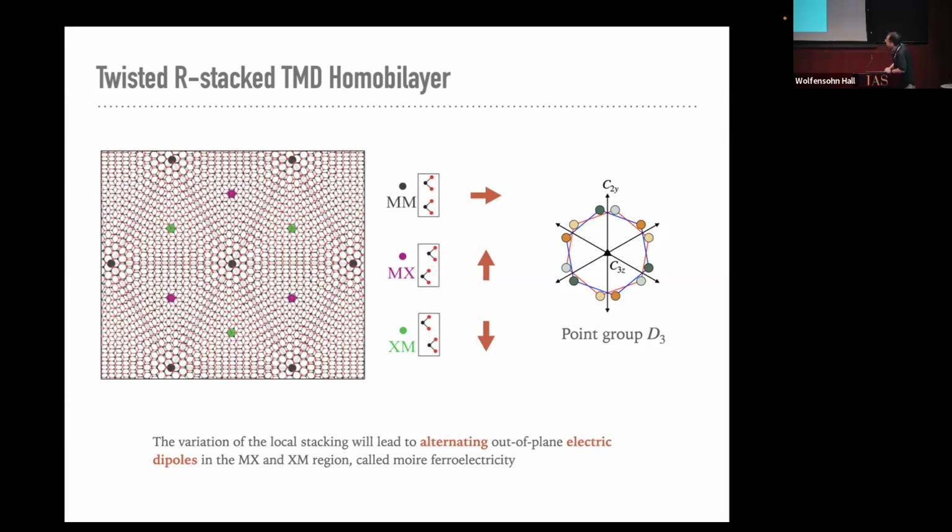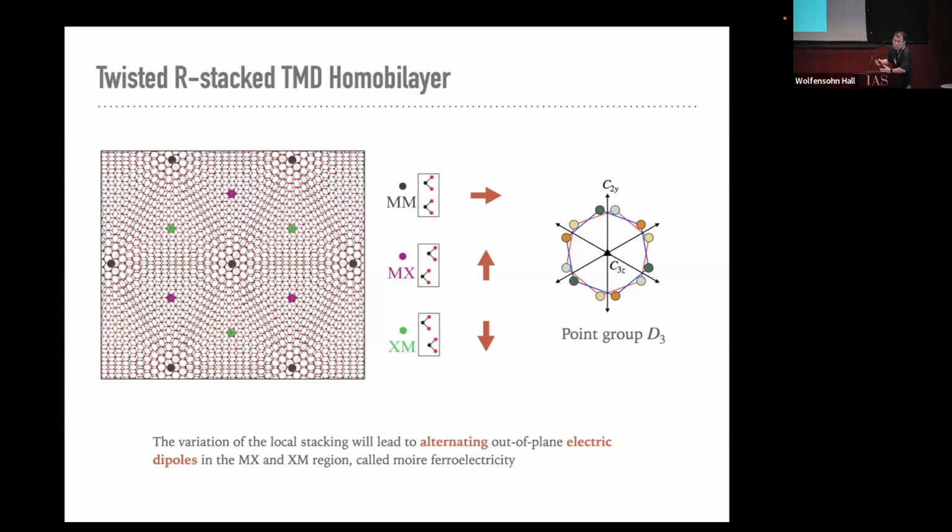Now let's actually look at the symmetry of those stackings. So you will notice immediately that even though the monolayer has a mirror Z symmetry, for those bilayers, due to just the way they are stacked, obviously the inversion symmetry is gone. And in fact, the MX and the XM points are related by a mirror Z reflection.